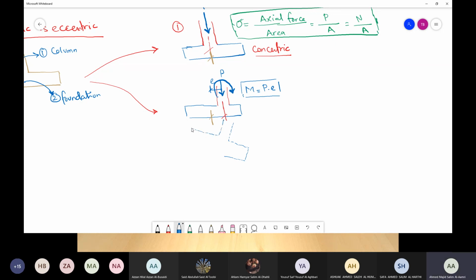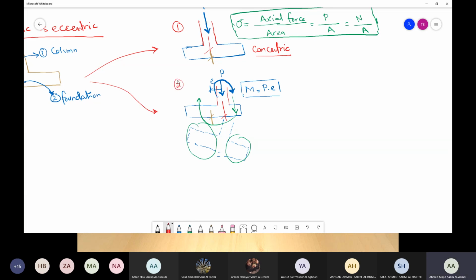If you continue the rotation of the moment, this portion is going to go down and this portion is going to go up, which is represented here, that this is going down and this is going up. Are we clear about it?